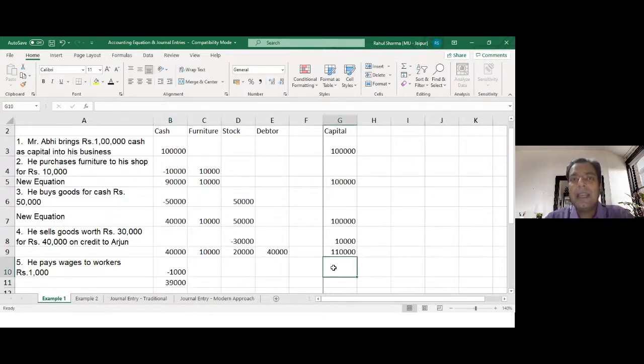And when I pay any expense, my capital also gets reduced, right? Because I've done an expense. So my 1,000 gets reduced from here as well. So I have 39,000 plus 10,000, 20,000 over here, 40,000 of the debtor, and I'm left with 1,09,000.